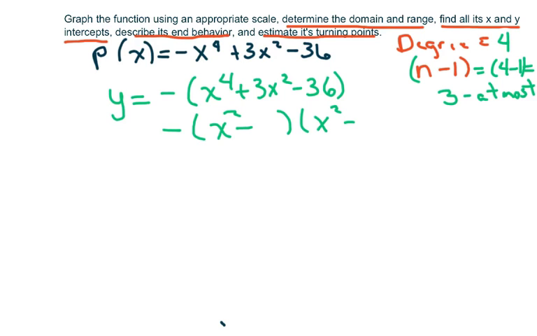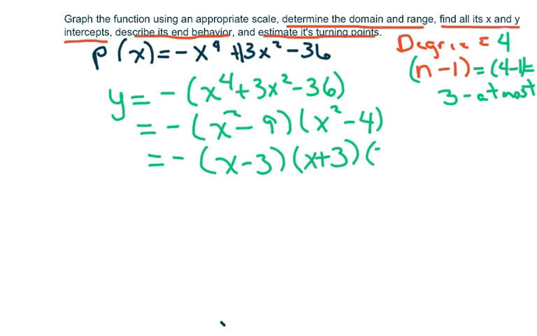This is supposed to be 13. So we can do 9 and 4. And I can further factor, because these are the difference of squares, x minus 3 times x plus 3. And this is x minus 2 times x plus 2.